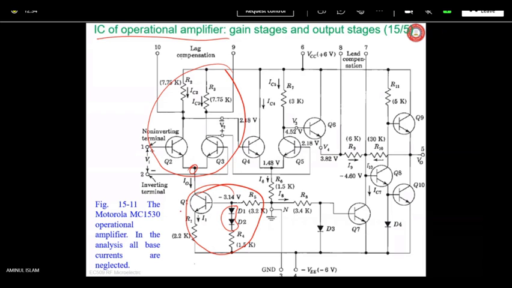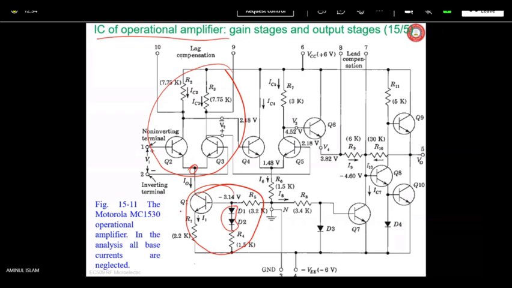Hence, the resistance between the two inputs, 1 and 2 here, is hie2 of this one and hie3 of Q3, equal to 2 hie. If input 2 is grounded, suppose this one is grounded, then input 1 is loaded with 2 hie.